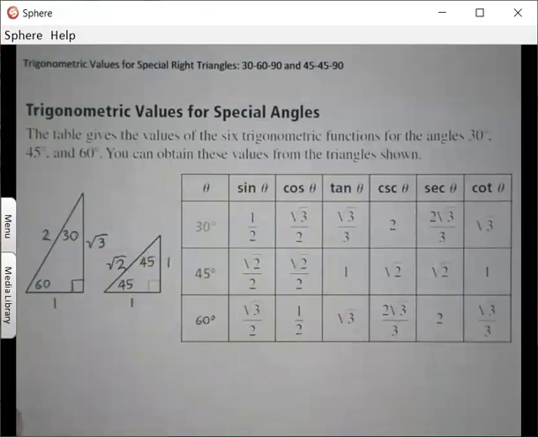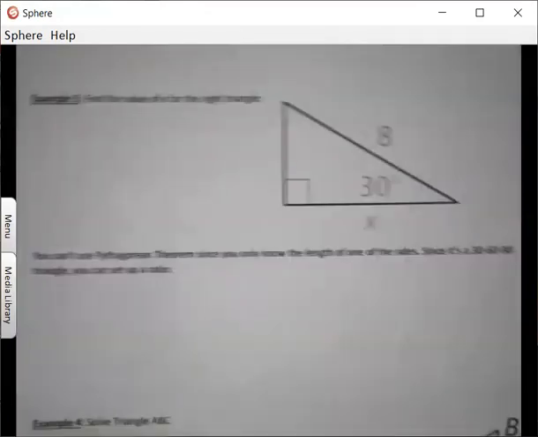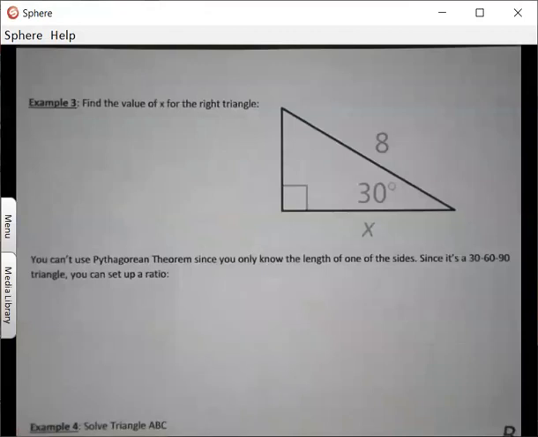Okay, so number 3, we're going to use our special right triangles. So example 3, we're going to find the value of x for the right triangle.